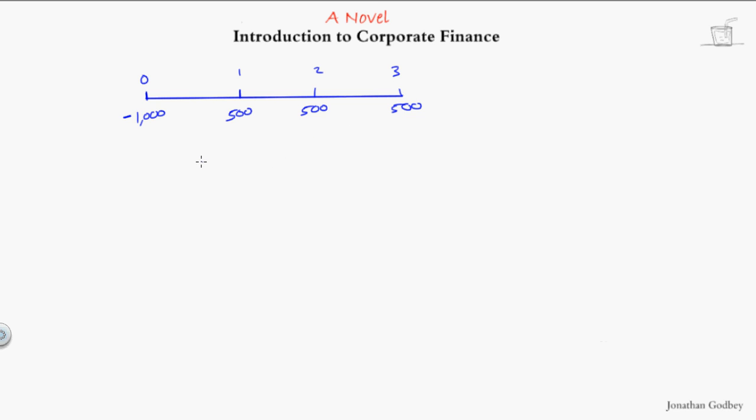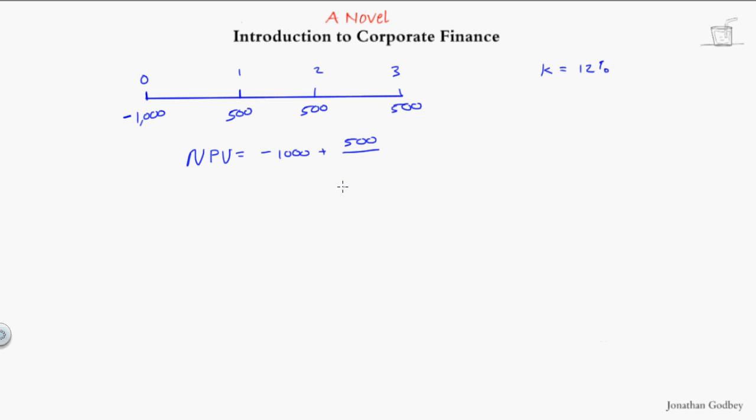So the math looks like this, and we're going to call this the net present value. Well, I have to spend $1,000 today, plus, I know you have a faster way in the financial calculator to do this, but I want you to see step by step. The $500 in a year is worth, well, I need a discount rate. So let's say that discount rate is, we'll start with 12%.